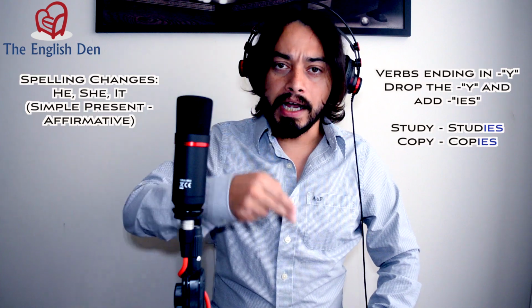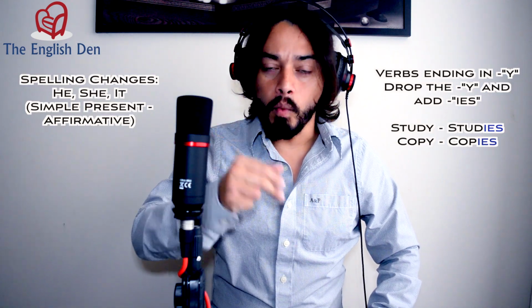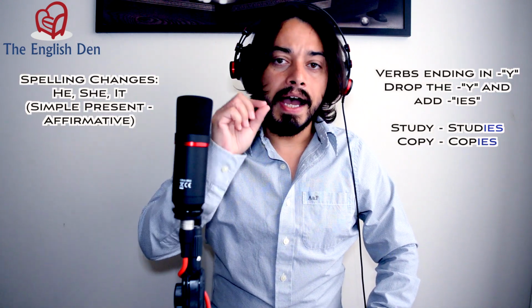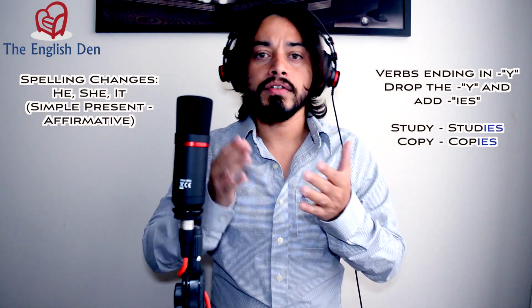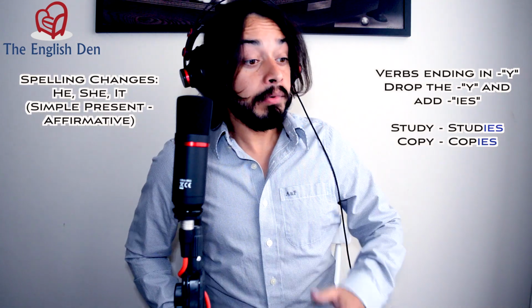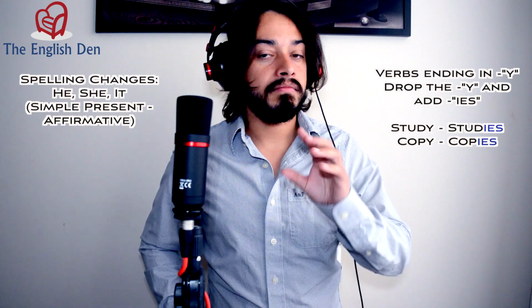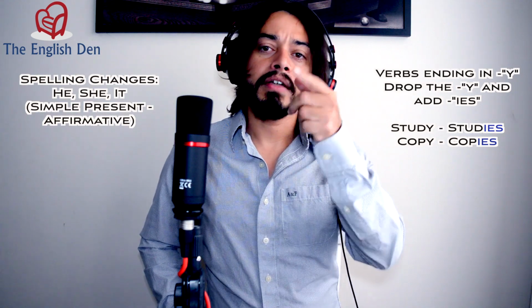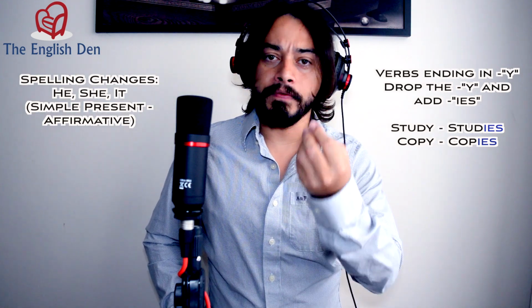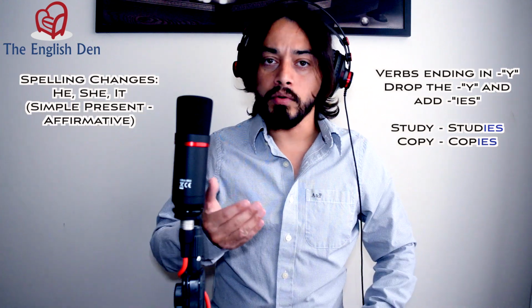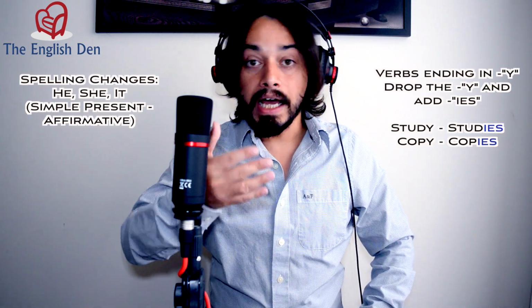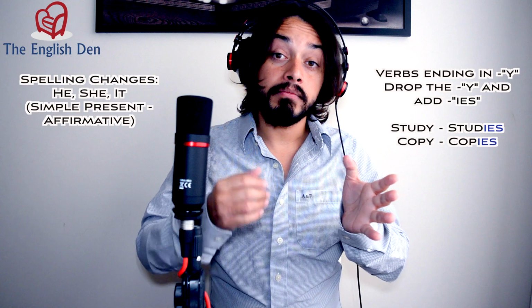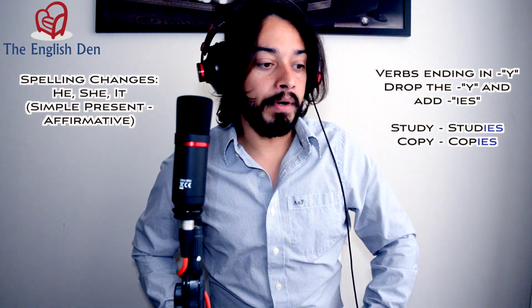I eliminate the Y, and I add IES: study, studies. Another example could be copy. The same deal: copy ends with Y, there's a consonant before, the letter P. So cut the Y and add IES. Copy becomes copies, all right?